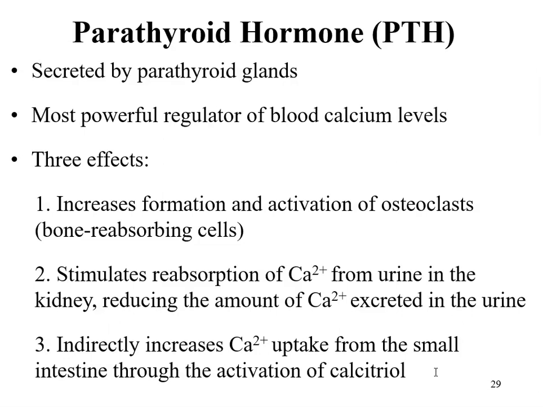And 3, PTH is going to activate calcitriol or active vitamin D. And thinking back to the integumentary system, vitamin D was critical for absorption of calcium. So with more of that, we will absorb more calcium from the food we eat in the small intestine.